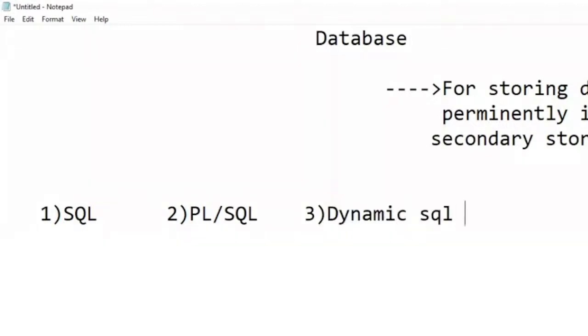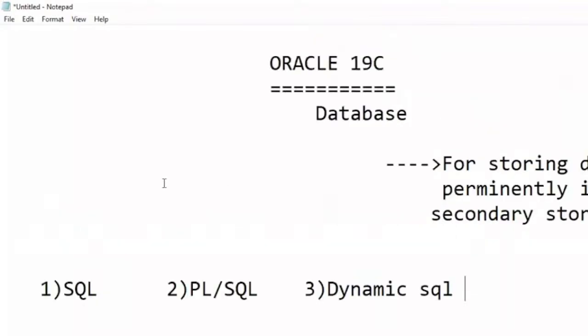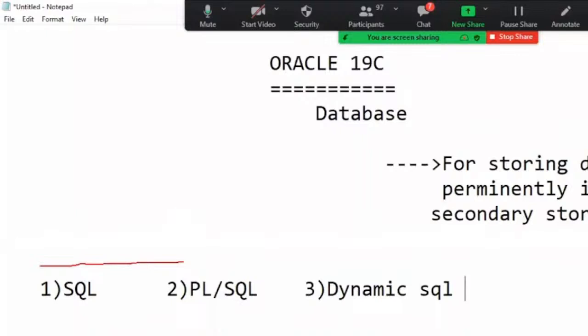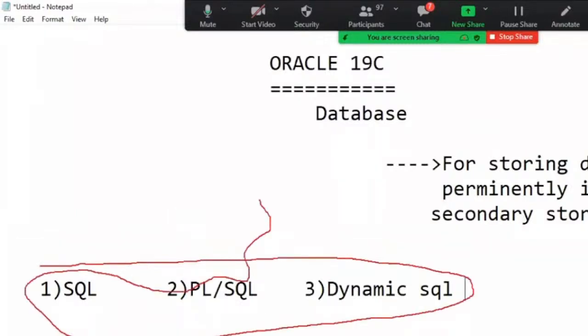That is a small one, because if we have good knowledge of PLSQL, it is a little bit of extension. These three languages you should have an idea of. Through these three languages we are operating this software, Oracle software. That is most powerful.